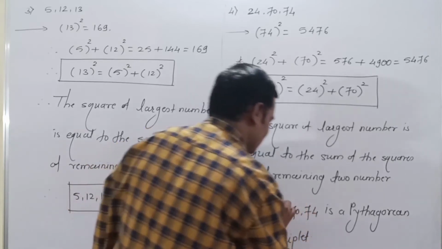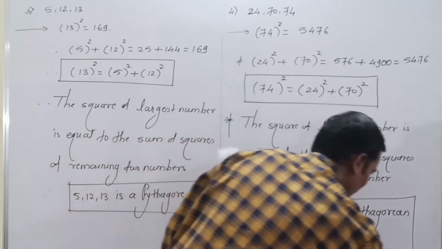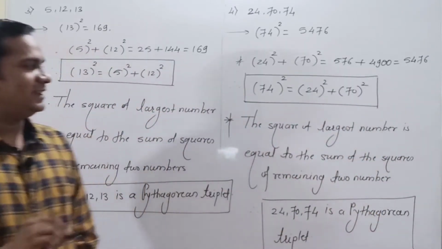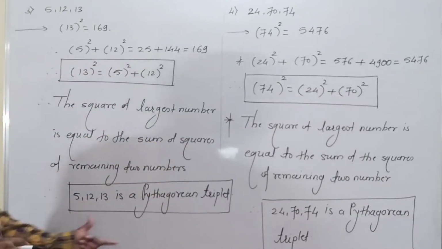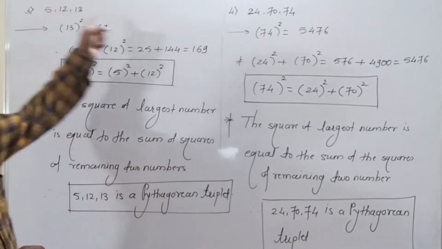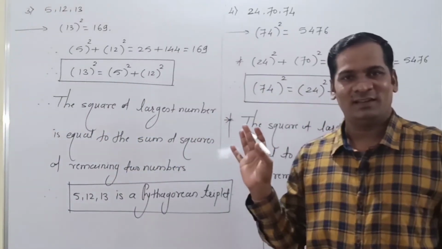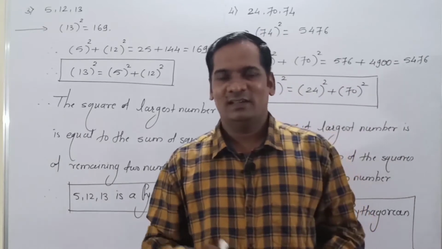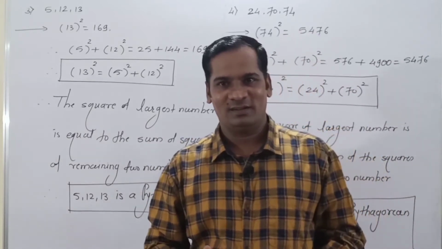Now this is the answer. In this way easily. Now in this case, the third and fourth, these three numbers are Pythagorean triplets. So let's check out the next one, whether those three numbers are a Pythagorean triplet or not.